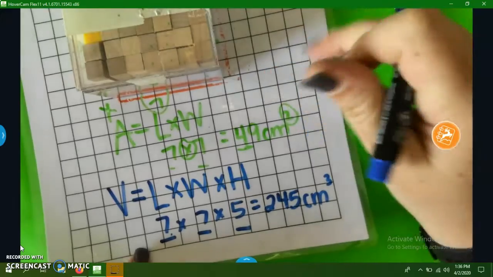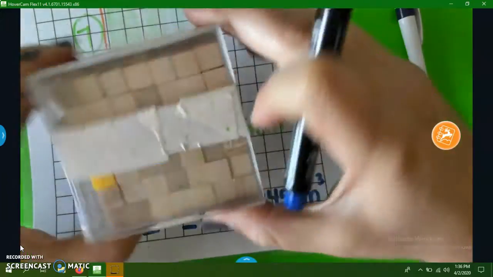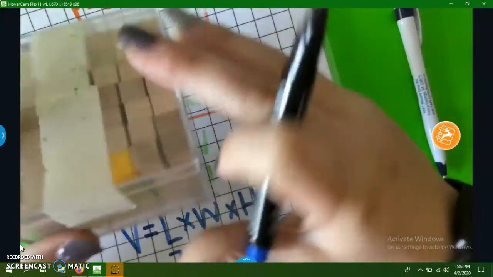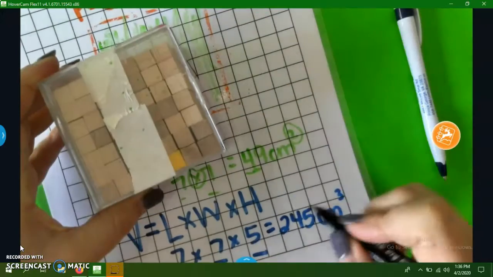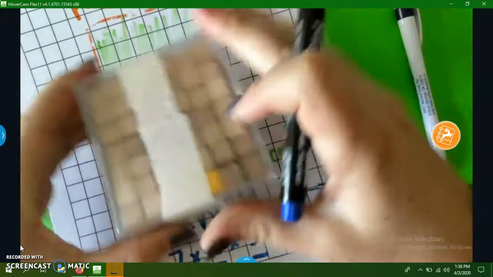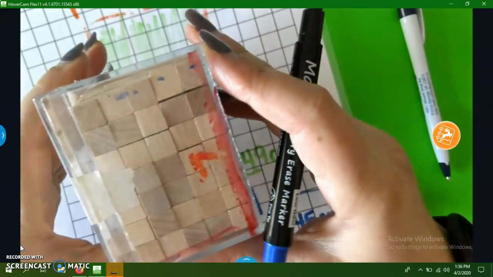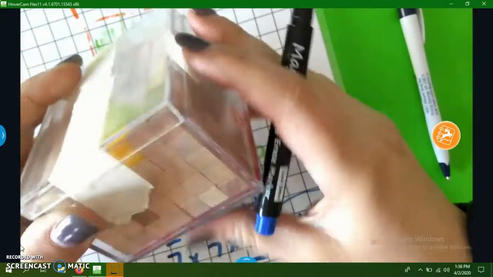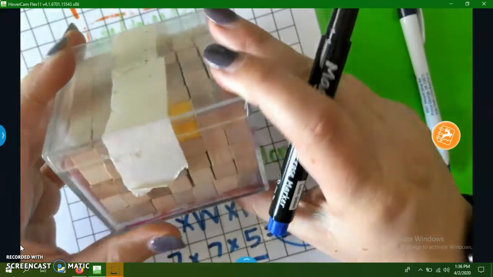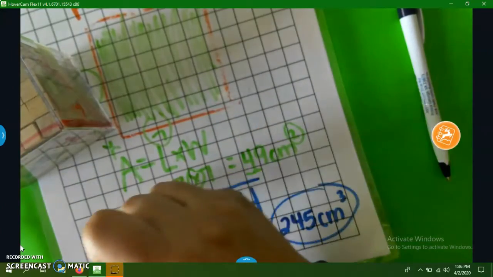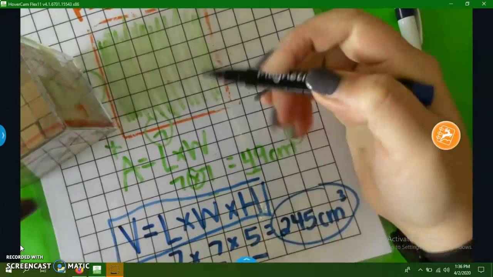So that means that the volume of this rectangular prism, filling this rectangular prism, is a total of 245 of these cubes. And if you don't believe me, I would be happy to let you borrow this cube and dump them out, and you can spend your time counting them. But this is a formula for volume that works every time on a rectangular prism.